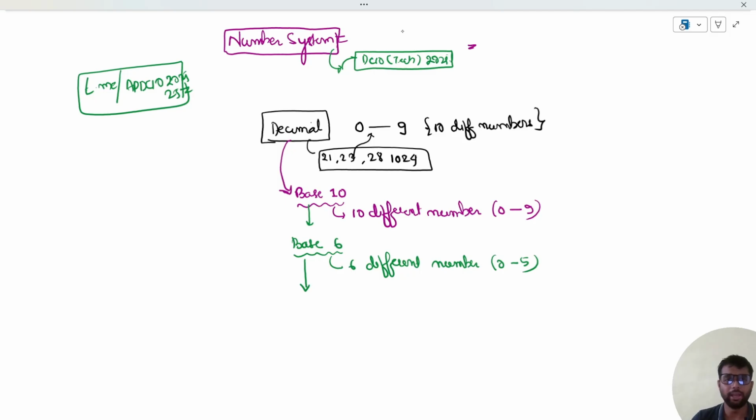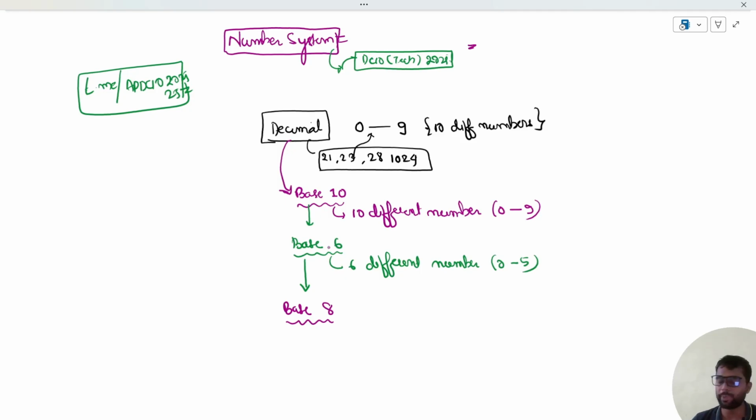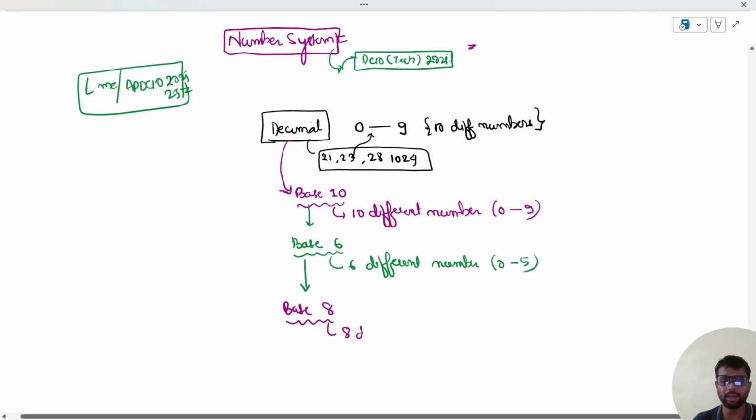Why we talk about the number system is because we may expect questions on it, because in the last 2 years there was no question on number system. So this year one question from this topic might come. Base 8 means we have 8 different numbers, and it will range from 0 to 7.